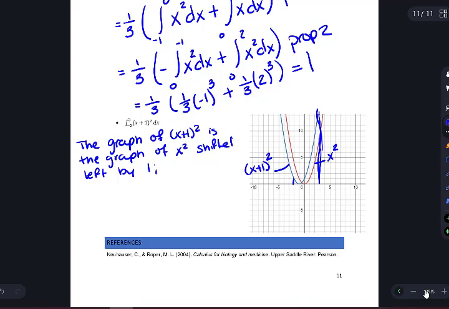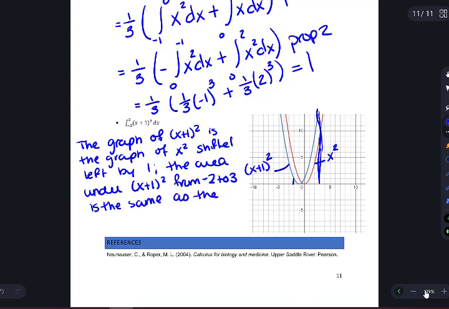So therefore, the area under x plus 1 squared from -2 to 3 is the same as the area under x squared from -1 to 4.